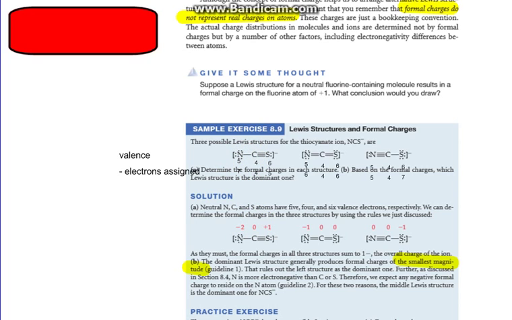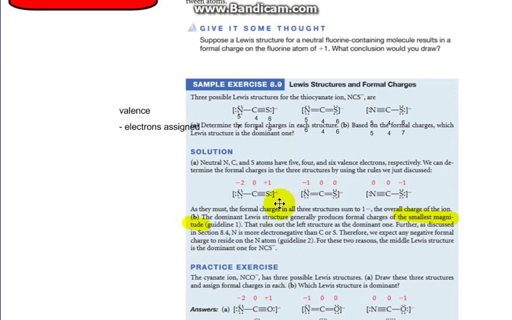Looking at these, we don't have any that are exactly 0 overall, so we have to look at the next guideline. The dominant Lewis structure generally produces the charges with the smallest magnitude. That rules out the left one because it has a -2, so it comes down to these two.